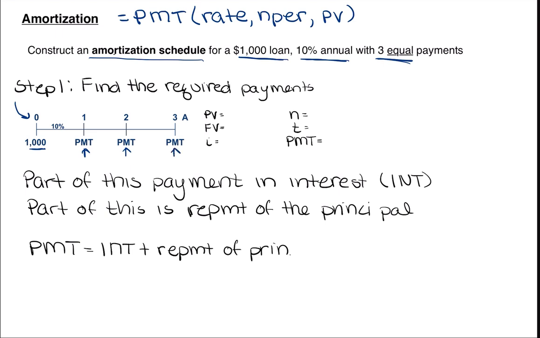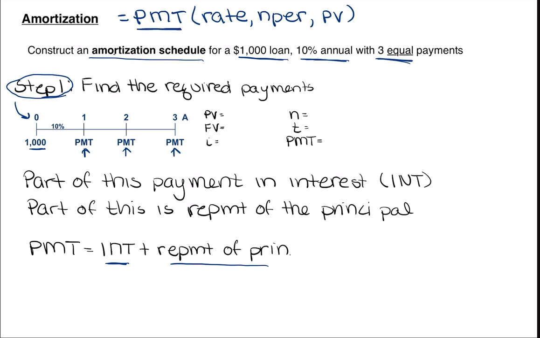And then we need to find out how much of that payment is interest and how much of that is repayment of the principal. So the first step here is to find the required payments, and to do that you need to use Excel. The function for Excel is PMT.